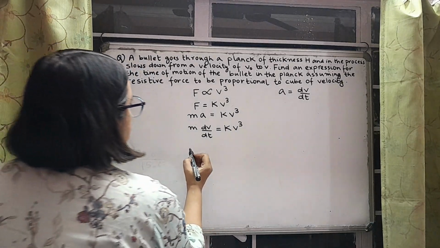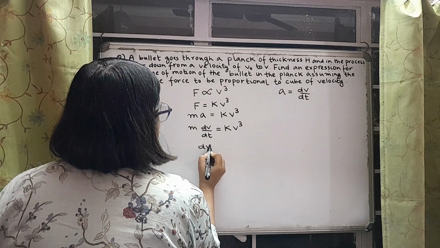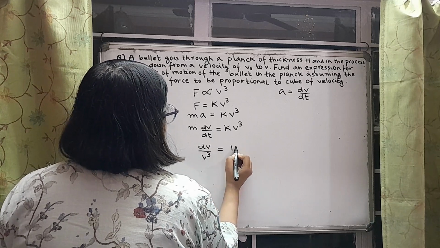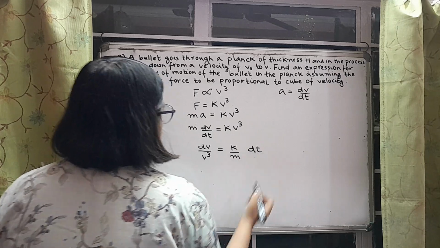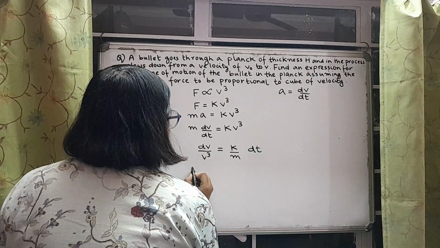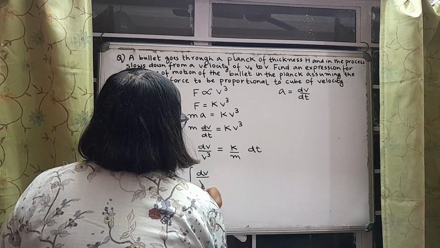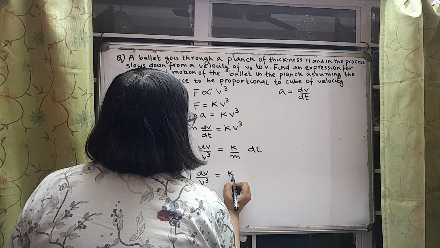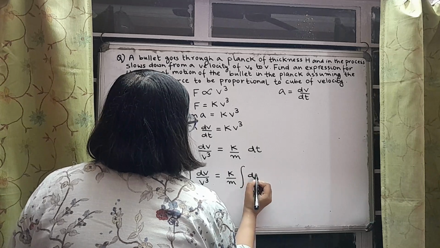Now I bring the constants on one side and I have dv by v cube equal to k by m dt. Now integrating both sides of the equation and taking the limits, I can write integration of dv by v cube is equal to, the constants will not be a part of the integrand, so they will come out, dt.